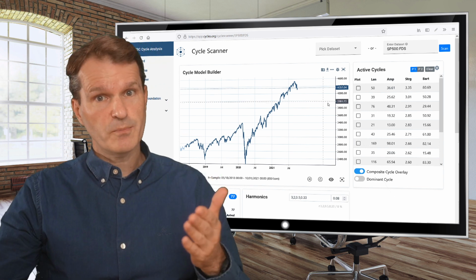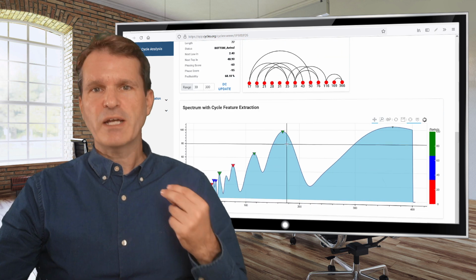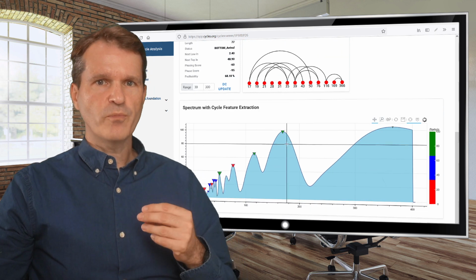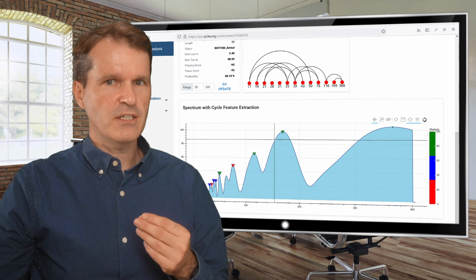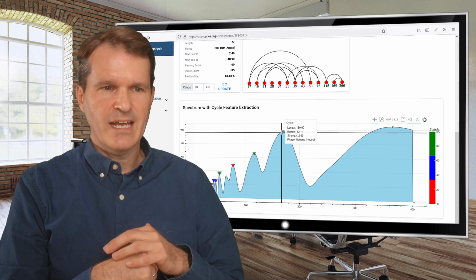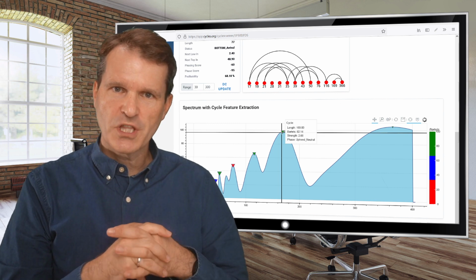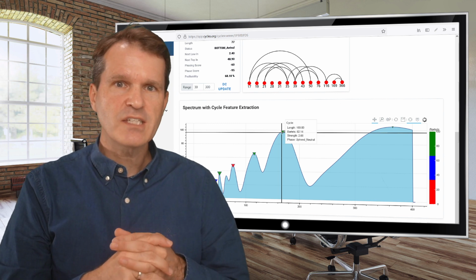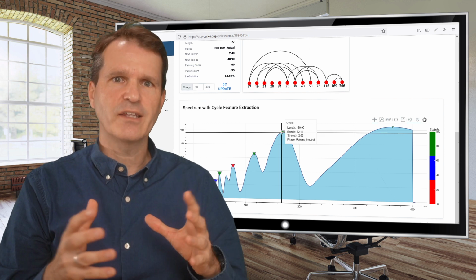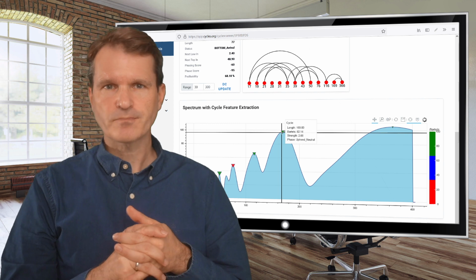So the standard procedure is that the spectrum analysis has been performed while we are looking at this chart here. The main peak, which is visible here, is at a cycle length of 169. And as you've watched this channel, this cycle has been the dominant cycle on this data set for years.